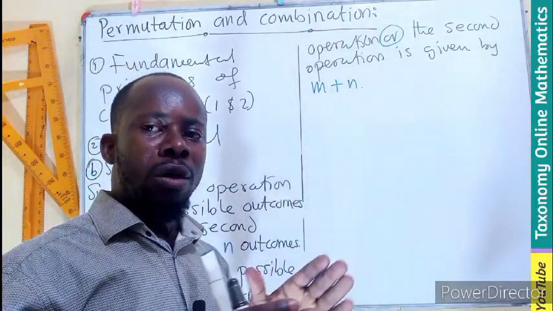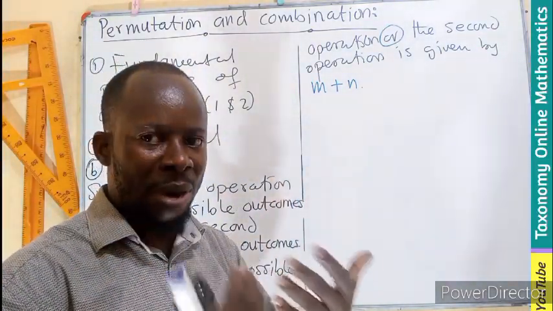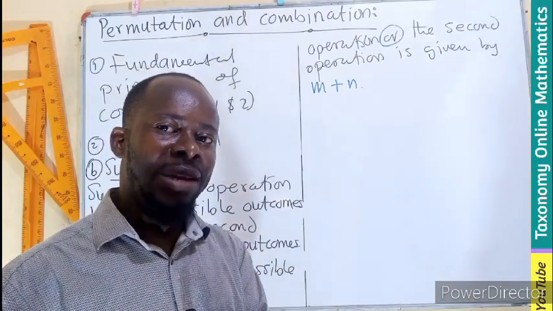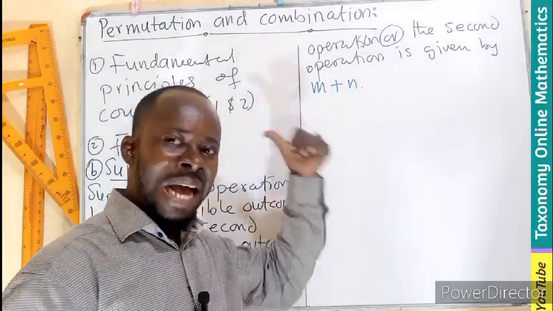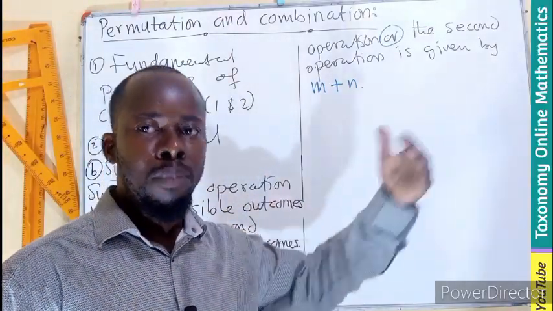This is the OR operation. If you can remember principles in probability, OR simply means addition, and as we did in the beginning, AND means multiplication.